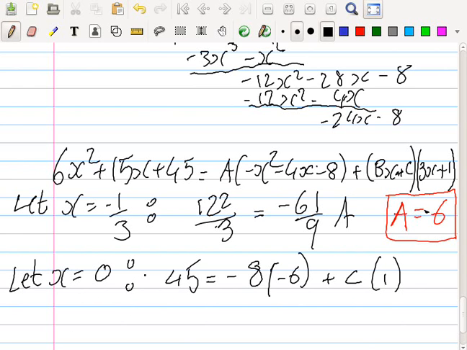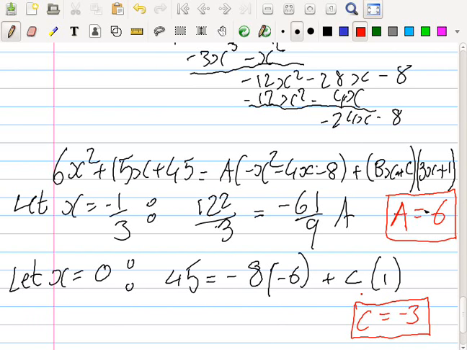So, what you got there? 45 minus that. I got c equals minus 3. Good, okay.